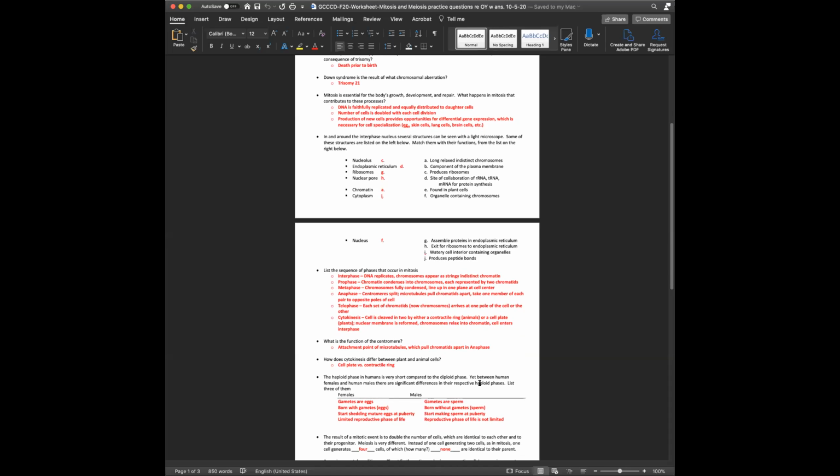Females are born with their gametes. They're immature at birth, but the cells are there. Whereas boys have no gametes when they're born, no sperm, not even premature sperm. Girls start shedding their mature eggs.